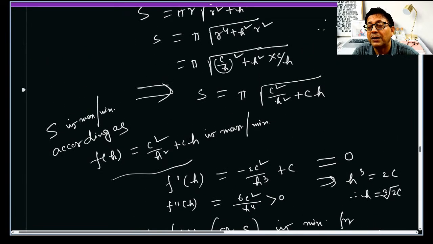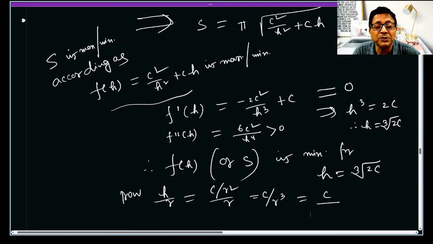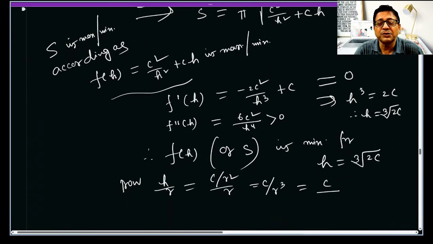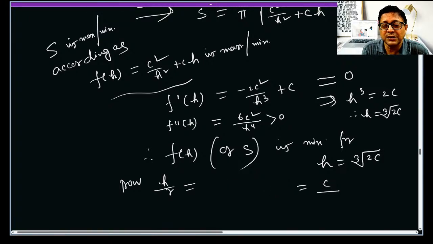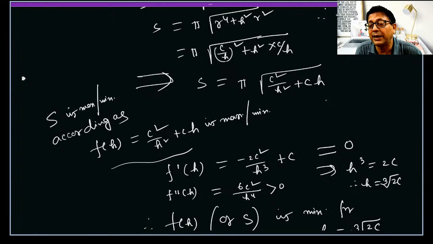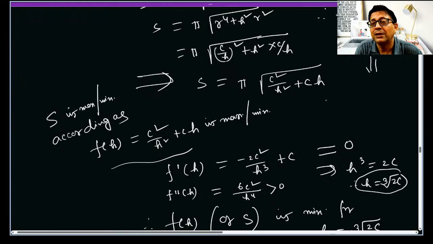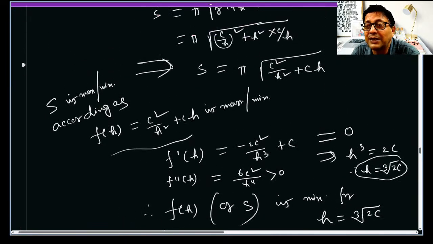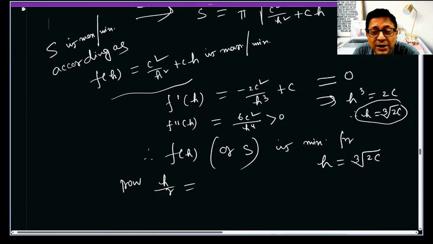But there is a problem: R we did not find, we found H. So it will be your decision to convert R into root of C by H, which is better. Or you find R from here. This is making the thing more complicated. So you will find R by H or H by R, no problem. You just eliminate.